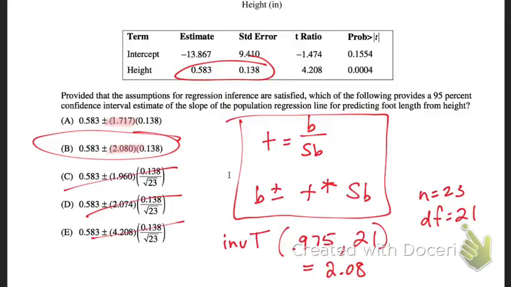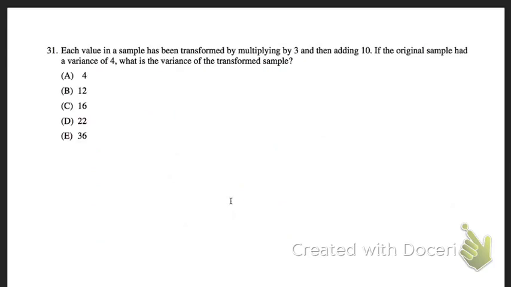They just aren't as intuitive for the test statistic and confidence interval on a computer output. A sample has been transformed by multiplying by 3, then adding 10. If the original sample had a variance of 4, what is the variance of the transformed data? If it gives you variance, you have to convert it to standard deviation first and then square it back.